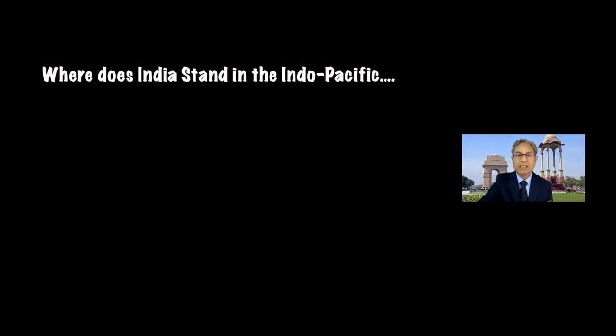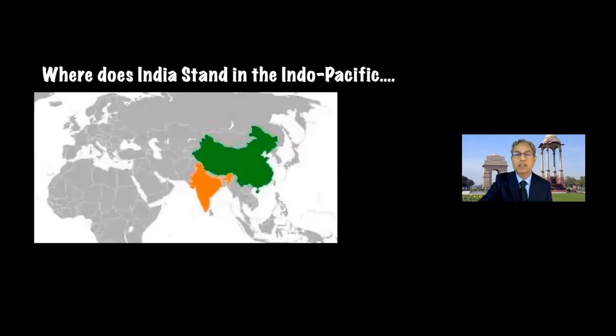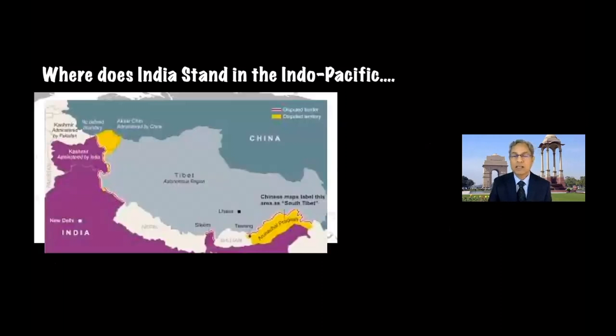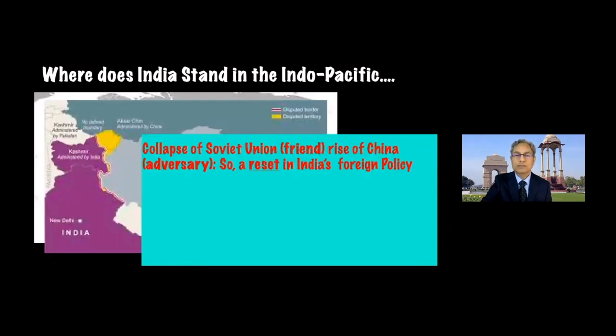So where does India see itself in the Indo-Pacific region today? With China becoming such an important factor, you have to understand India and China have had the world's largest boundary dispute. And for the last 2 years, there is enormous tension on that border.